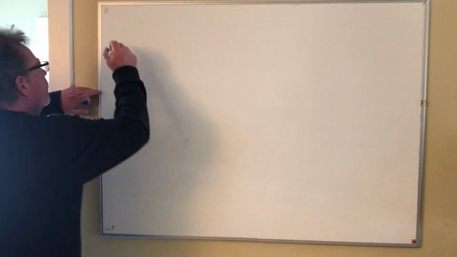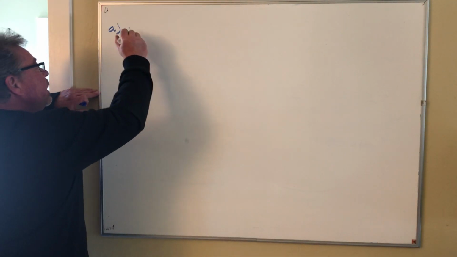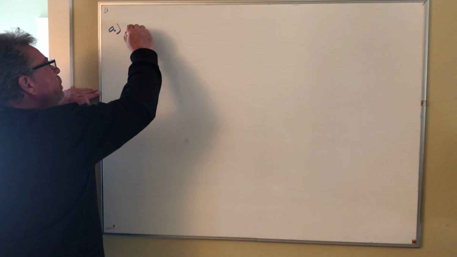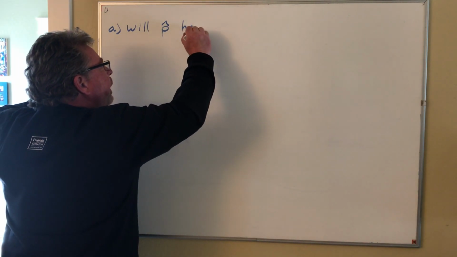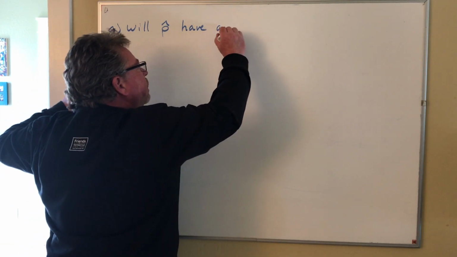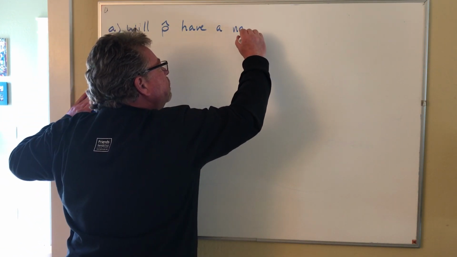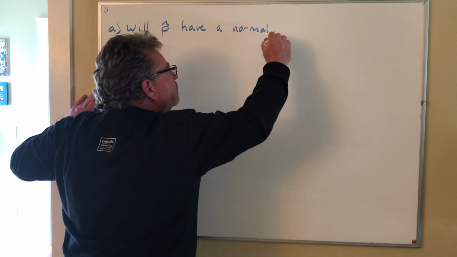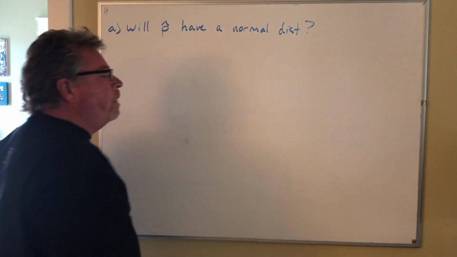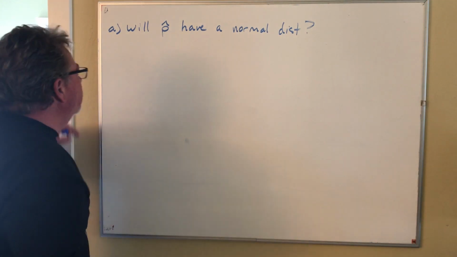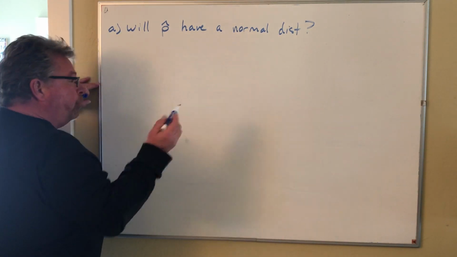So the first thing is, and again, I'll do this as a lettered list, will p-hat have a normal distribution? And as I just showed in the last video, we have to check two things.